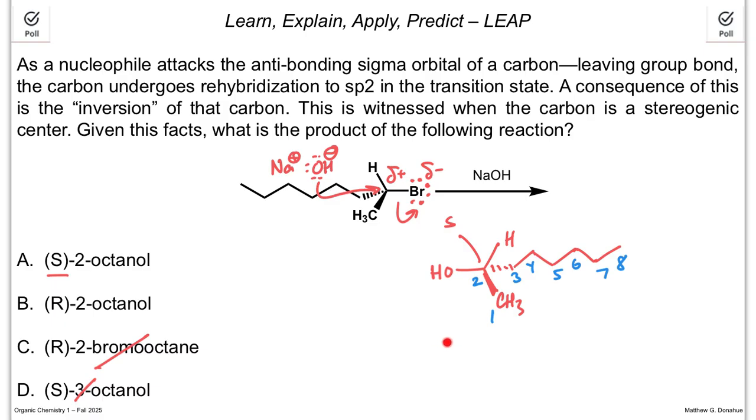If you put your eyeball down here, then the lowest priority group is pointing away. The oxygen's 1, this carbon is 2, and that carbon is 3, and you'll go counterclockwise, so that'll give you S.